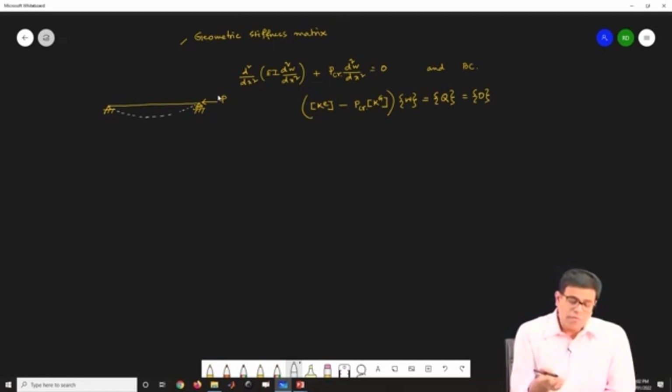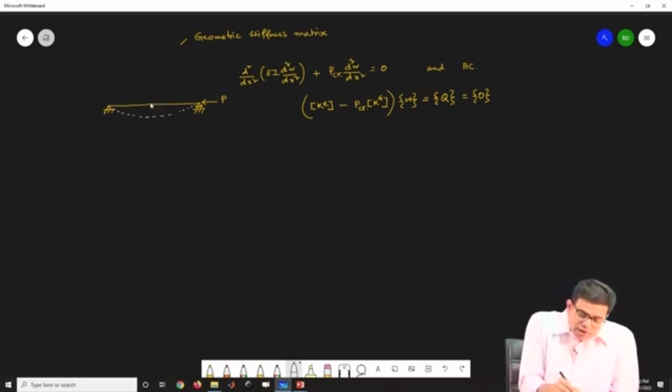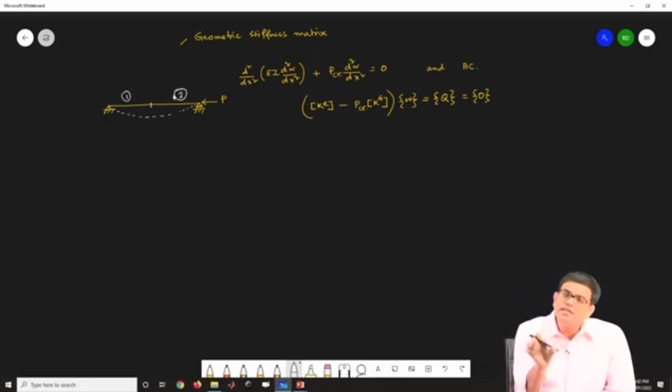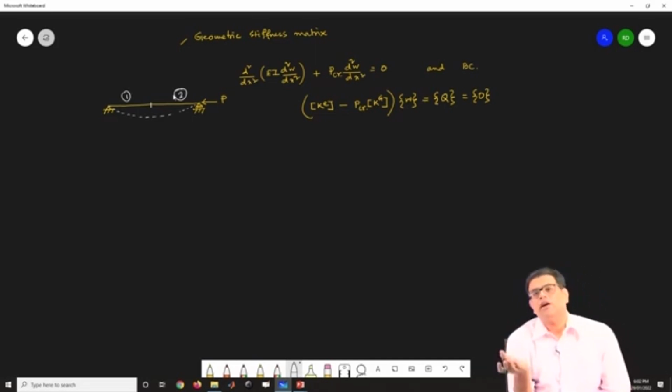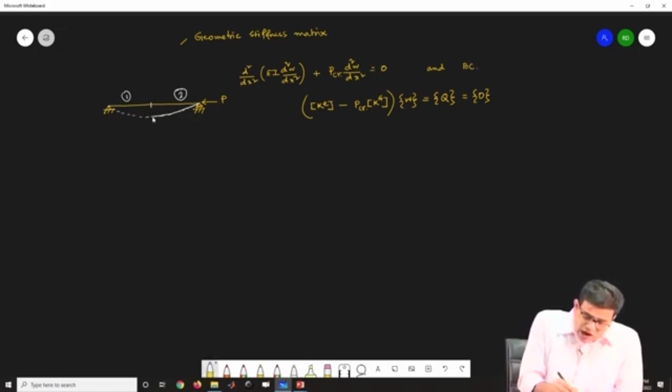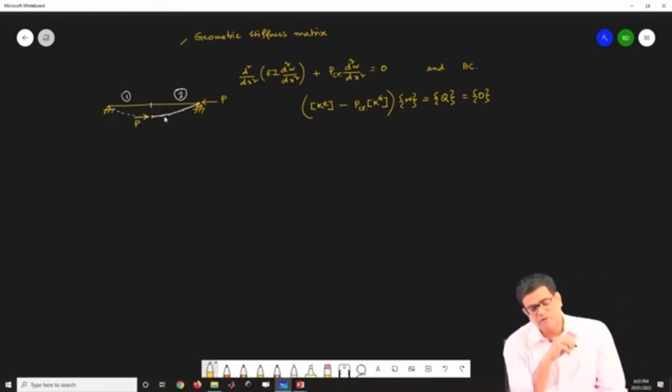But suppose I want to solve this beam in 2 elements, element 1 and element 2, I need not do the 2 element formulation. Essentially, I can analyze half of the beam and then find the critical buckling load. Because if I draw the free body diagram at an intermediate stage, then this half of the beam essentially will have this force P. So, that is the free body diagram.